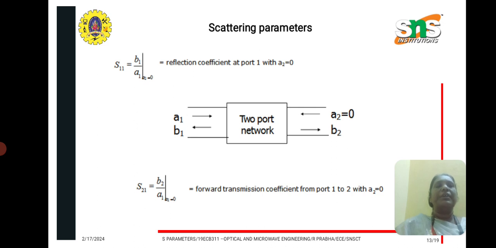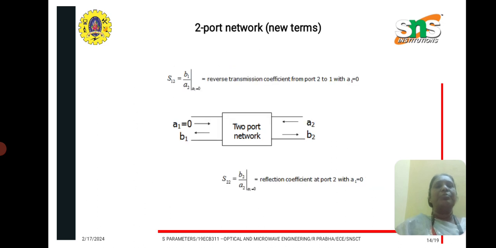So the formula for S21 is B2 by A1. Similarly, S12 is called the reverse transmission coefficient from port 2 to port 1 with A1 equal to 0, and S22 is nothing but the reflection coefficient at port 2 with A1 equal to 0.